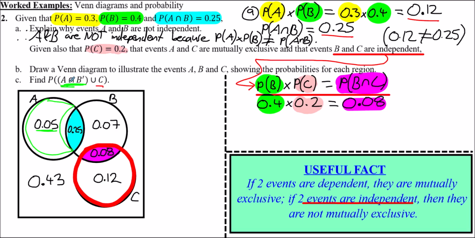So if we join together the green and the red, probability of A intersecting with not B joined up with C, well, the green bit is 0.05 unified, so or we can have this 0.2 in total in the red.